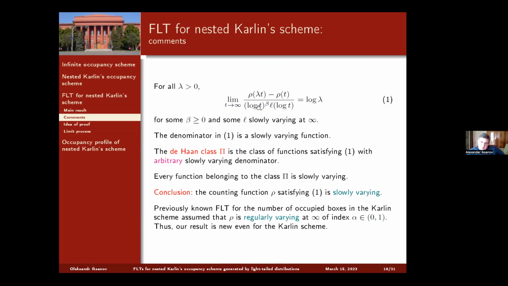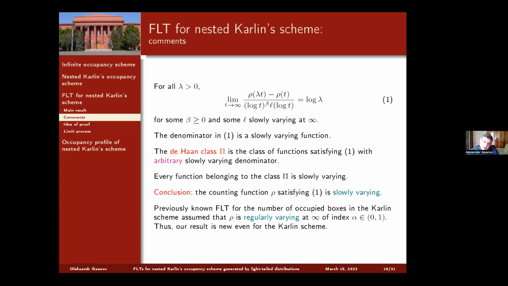According to our assumption, as I just explained, the counting function rho is slowly varying, that is regularly varying of index 0. So our result is new even just for the Karlin schemes, that is, if we restrict our attention to just the first generation, say.